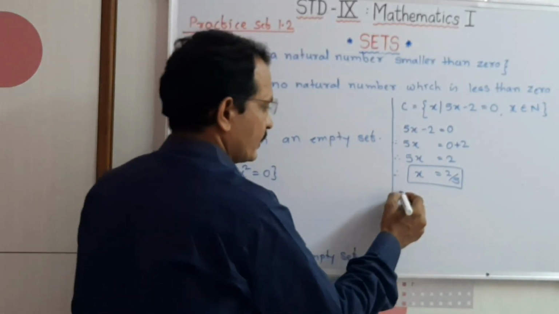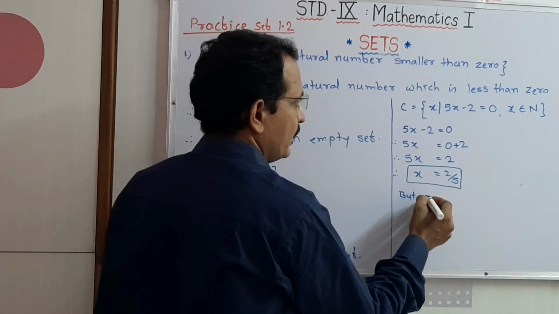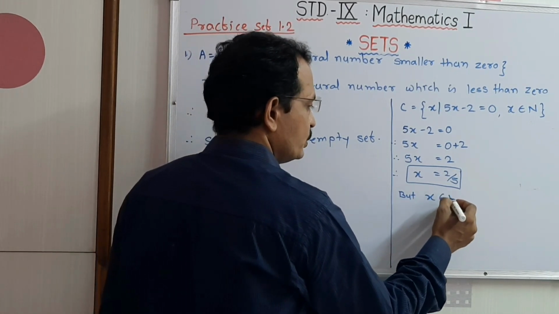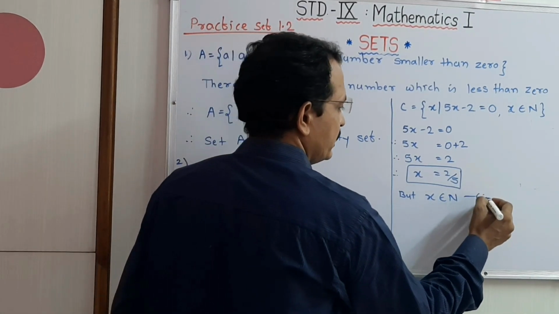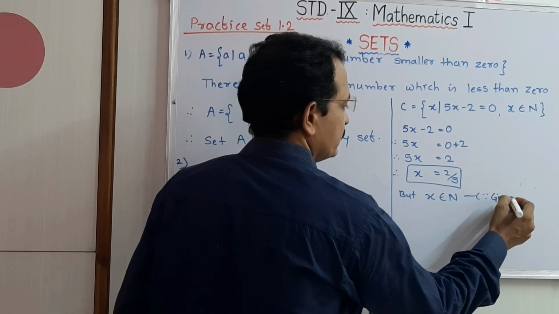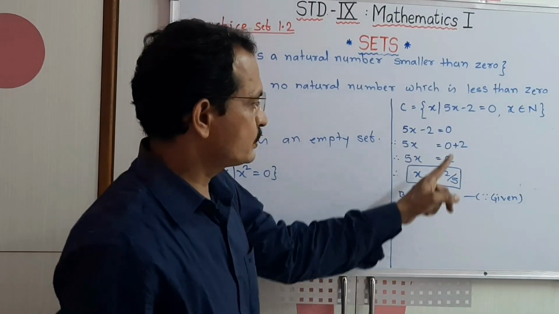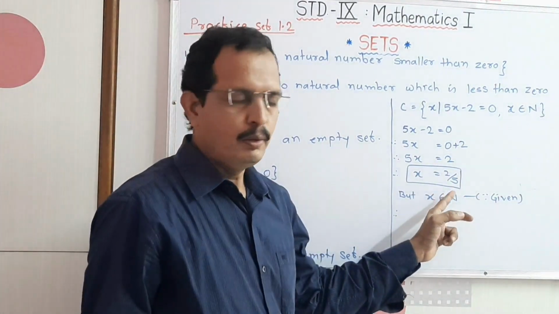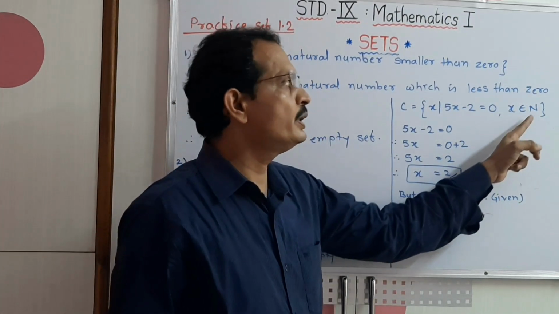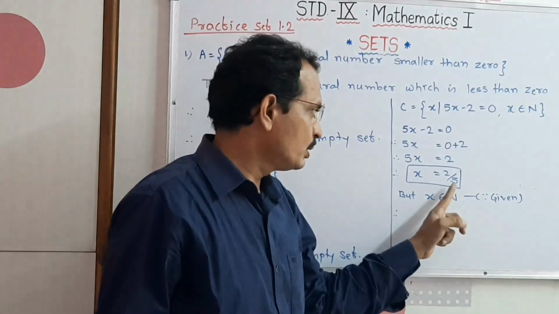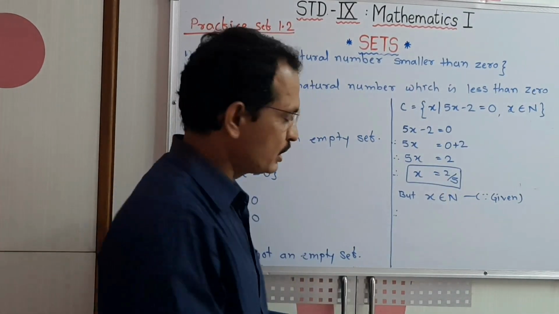But x belongs to natural numbers. It is given. The value of x we got is 2 upon 5, but that number should be a natural number. But 2 upon 5 is not a natural number.